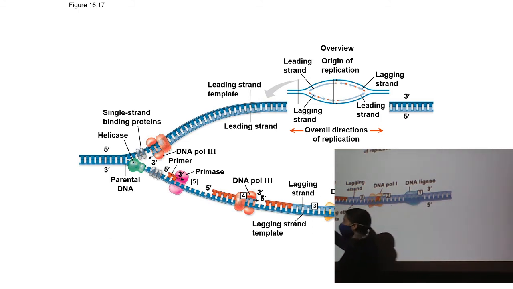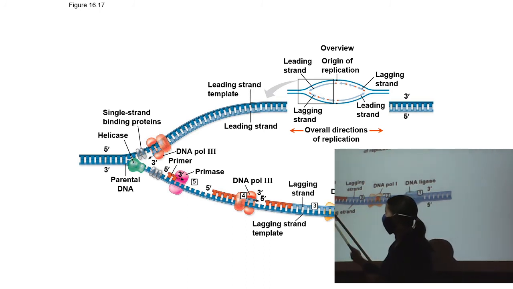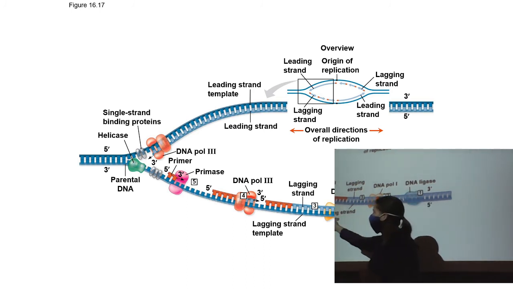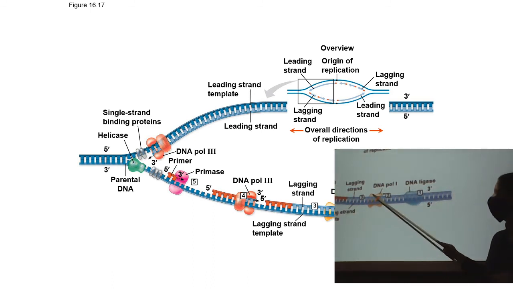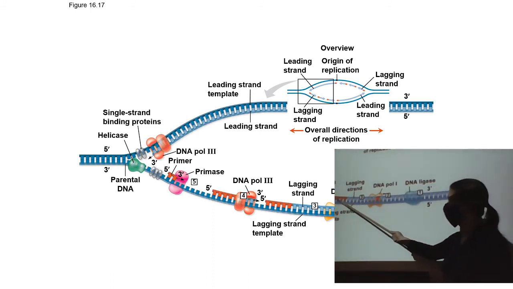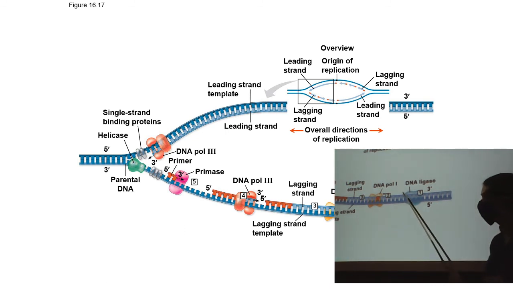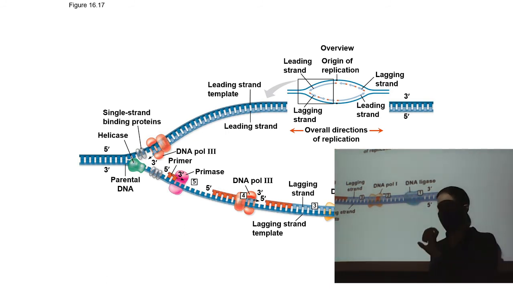Helicase unzips the DNA. DNA polymerase on the leading strand just builds. On the lagging strand, a primer is added, DNA polymerase jumps on, and then another DNA polymerase is going to replace all these little primers with DNA, and then the ligase is going to connect those chunks together.